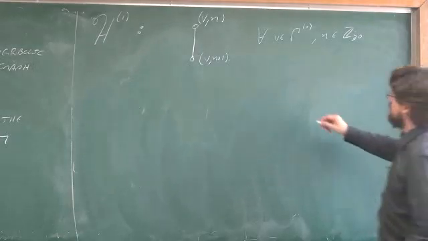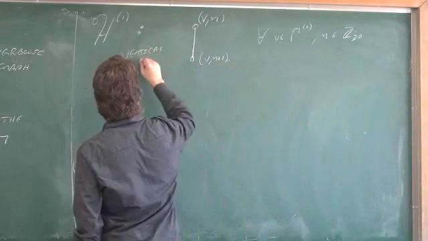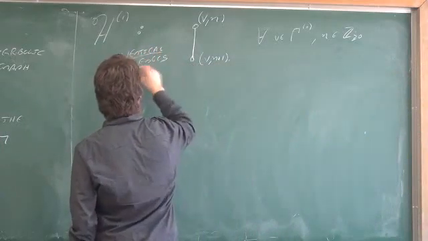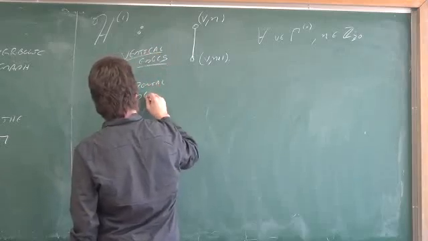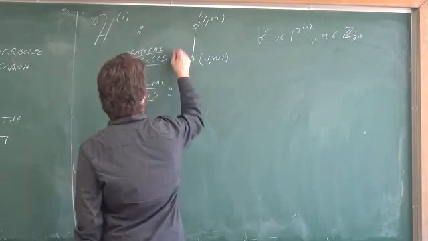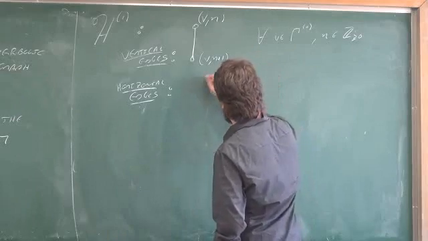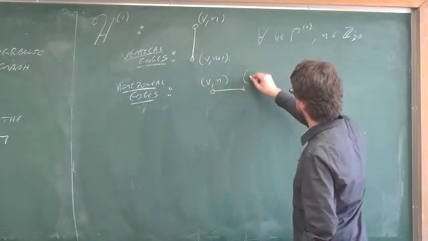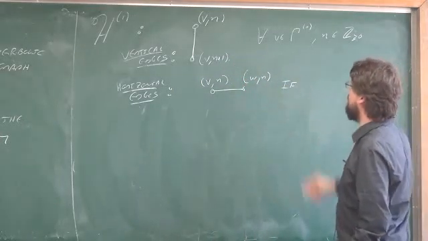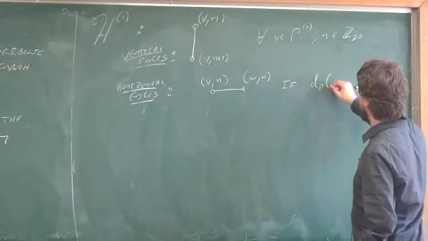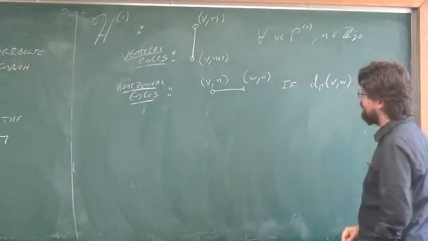So these are called vertical edges. And then I also have horizontal edges. They're going to connect (v, n) to (w, n) when some condition that depends on n holds: if the distance in gamma between v and w is at most 2 to the n.